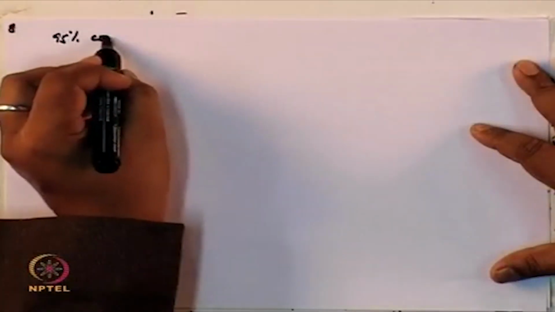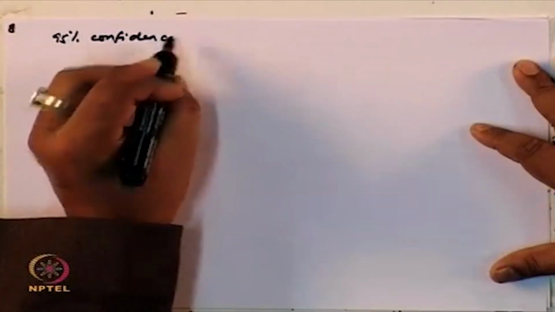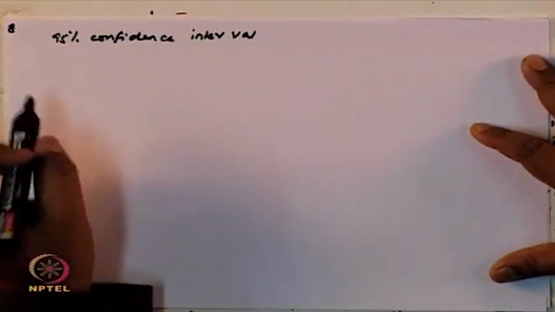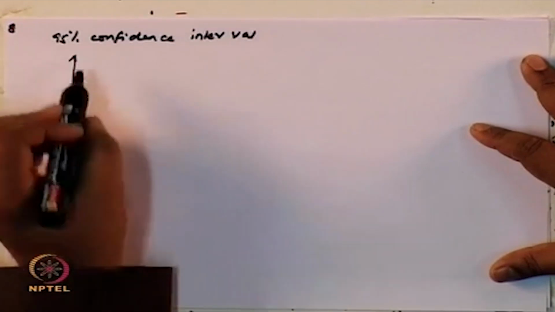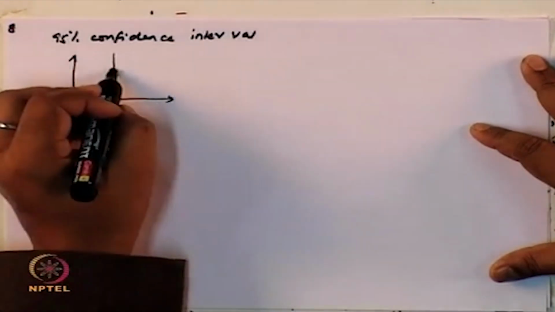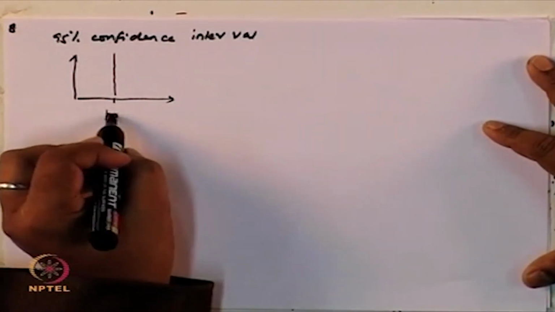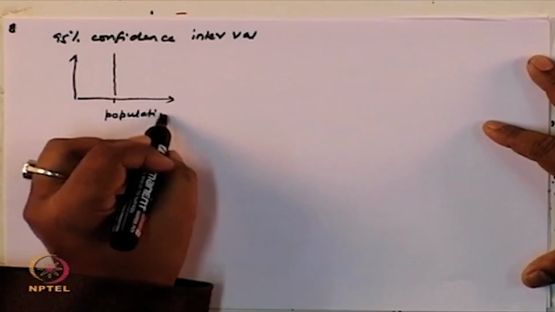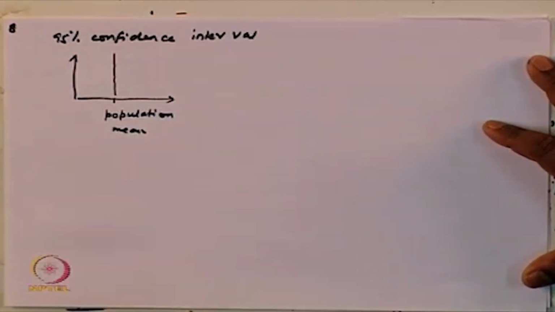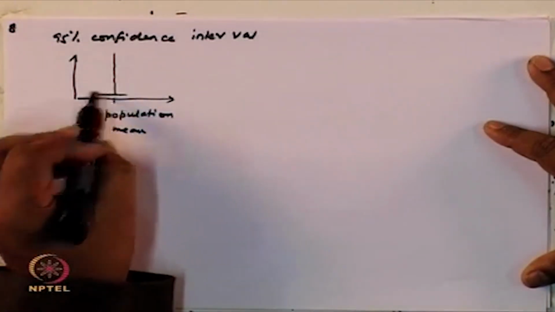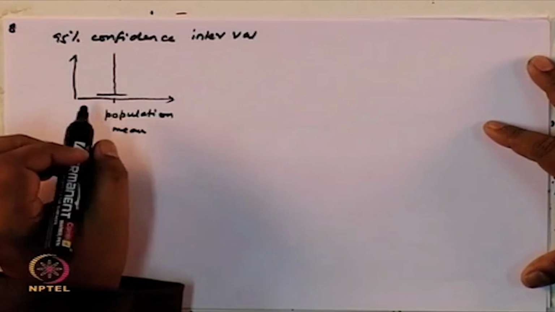So, what exactly does this 95% confidence interval mean? What do we mean by saying 95% confidence? Imagine this is your true population mean. Let's say you sample it once and you found the sample interval to be between this and this.